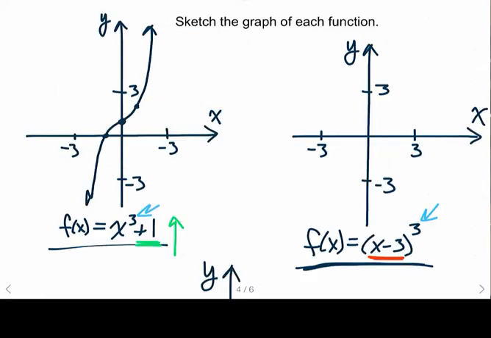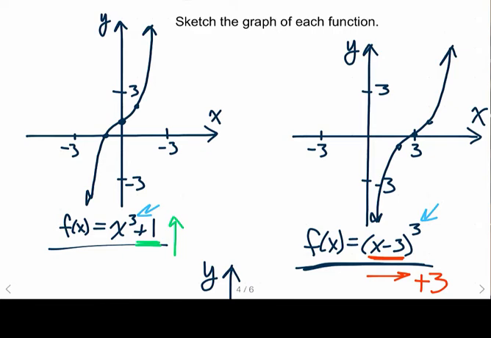So here the argument is x minus 3. If I think about what would make inside the argument equal to 0, then that might help me to see that I'm going to move to the right by 3 units. And it's the same shape that we had before. Move to the right by 3 units. Now I know this isn't perfect, but I think it's pretty good.